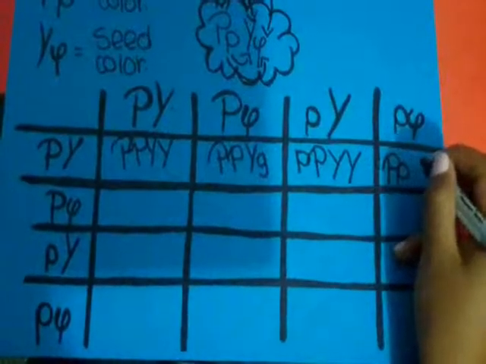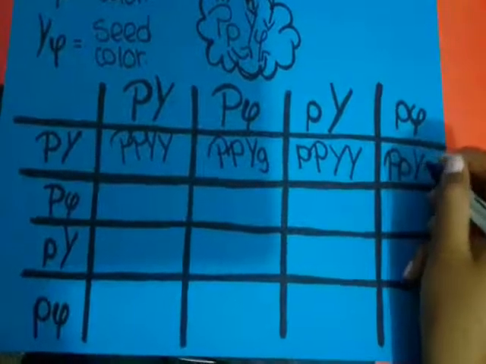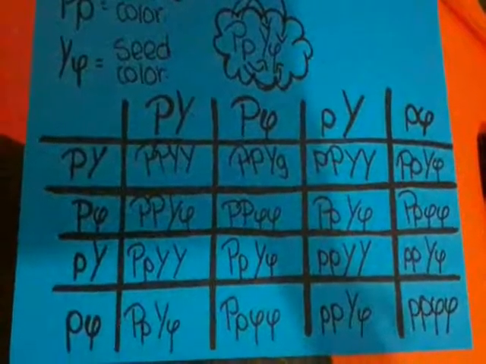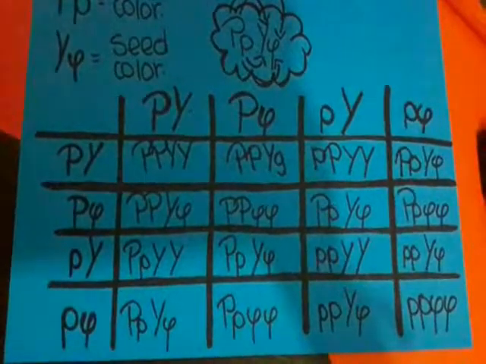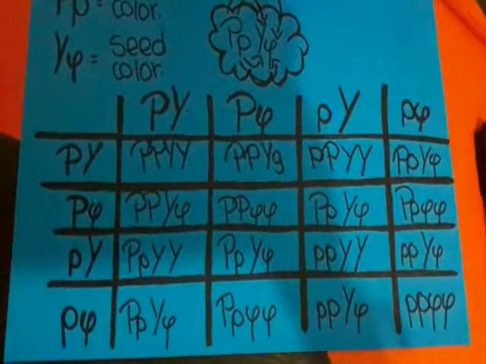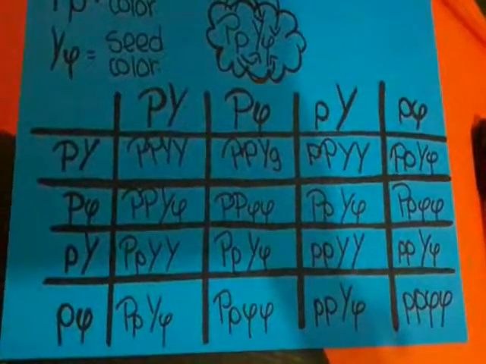Here we have lower y and capital Y. So we are going to put the capital first. And so on. Our final result is going to look like this. I follow the same process that I showed you in all the squares.